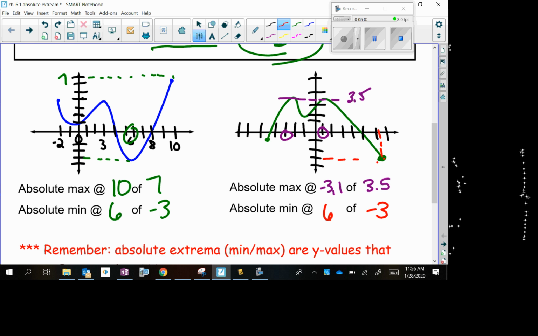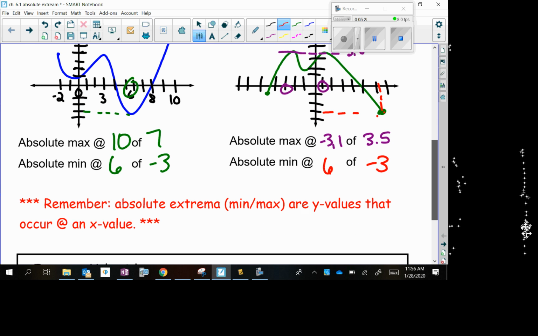Okay, so there again, we're not worried about this little relative min here in the middle or this endpoint that goes lower. Those are only relative mins. We're trying to find the absolute mins and maxes. And the difference is, especially for today, we're going to be using closed intervals, so intervals with endpoints. So we had to take into account those endpoints.